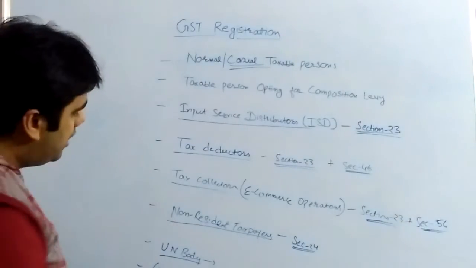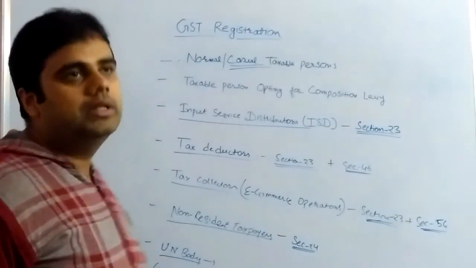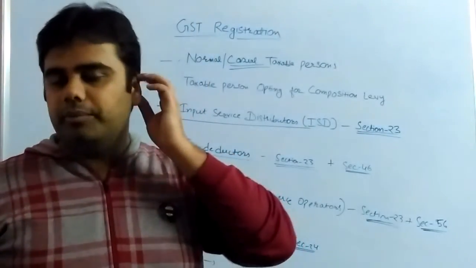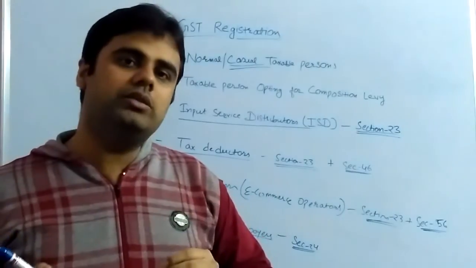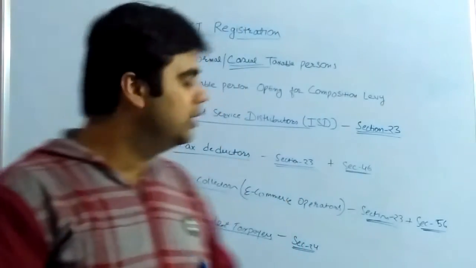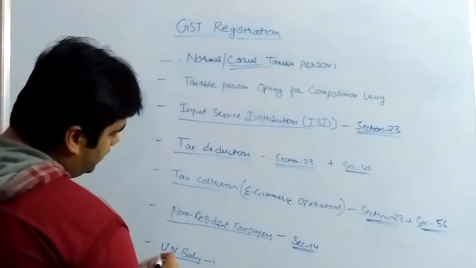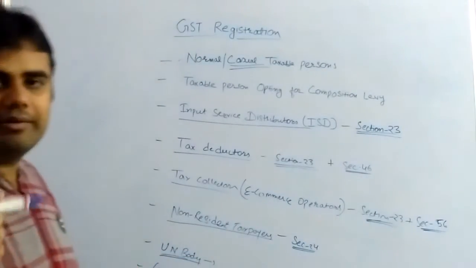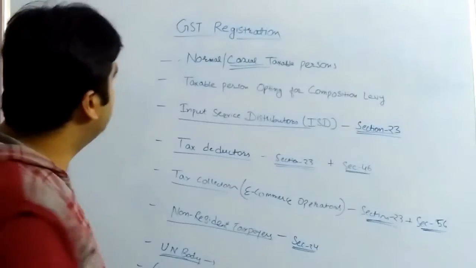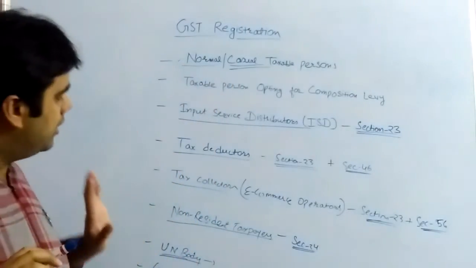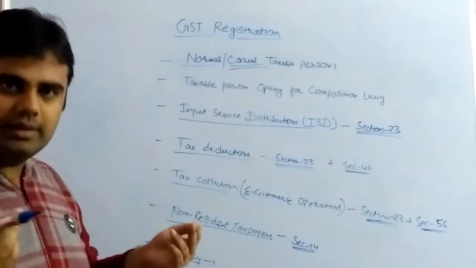And government entities are basically required to report whatever they have bought from suppliers other than their states. So again, for government entities and UN bodies, the details of whatever sales are made by normal or any other taxpayers, they need to report in their respective returns.